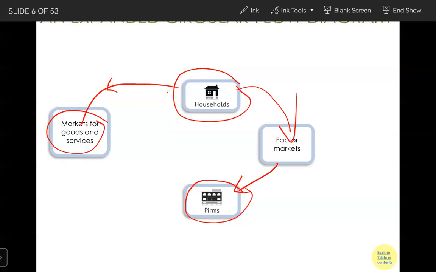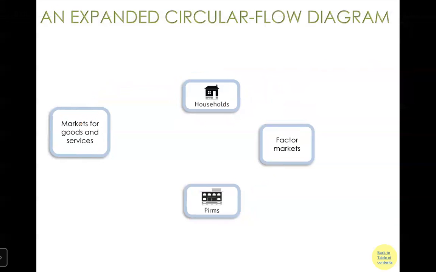So basically, to summarize, where we start, there are only households and firms, and they interact. They interact in two markets. Households are going to spend or purchase goods and services in this market.